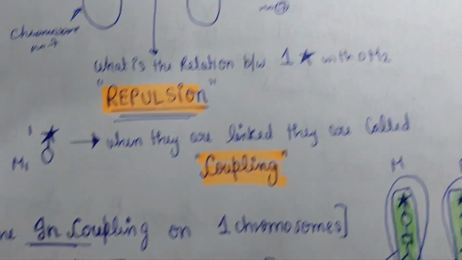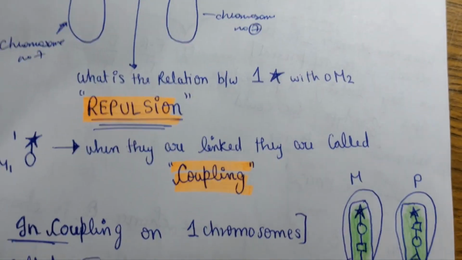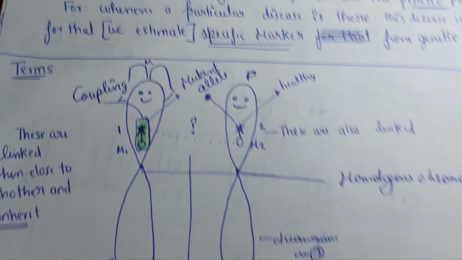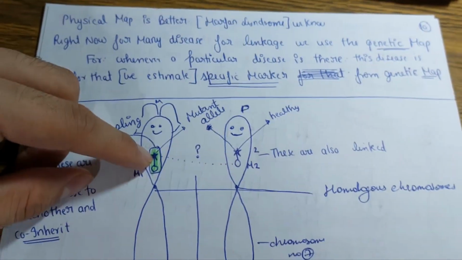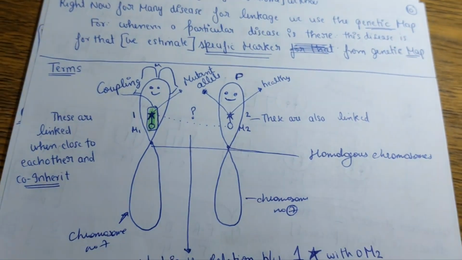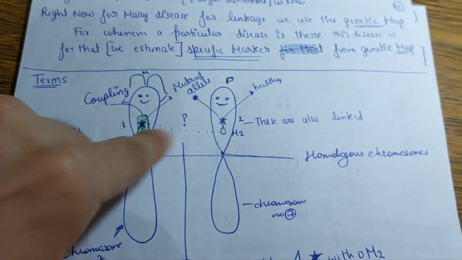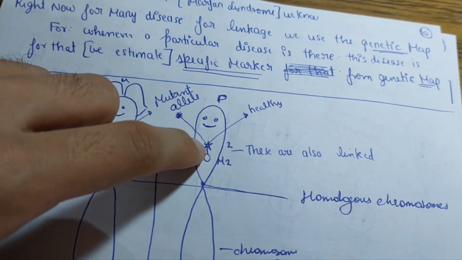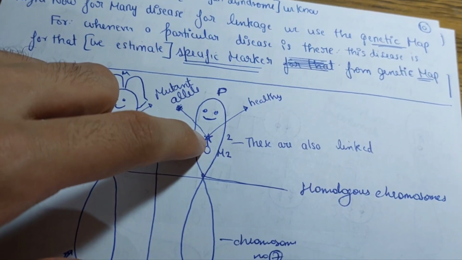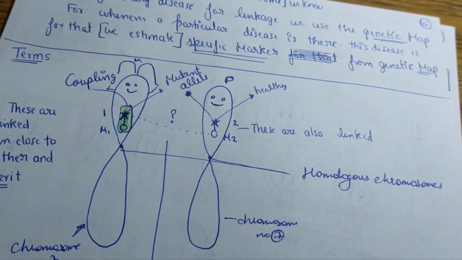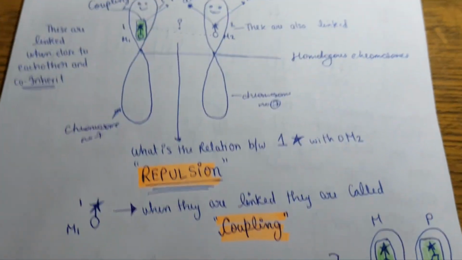So coupling is basically another term for linked. And what is repulsion? The relation between the star on the maternal chromosome and the genetic marker allele 2 on the paternal chromosome is the opposite relation. This is called repulsion. The same goes for the star on the paternal chromosome and the genetic marker allele 1 on the maternal chromosome; that relation is also called repulsion.